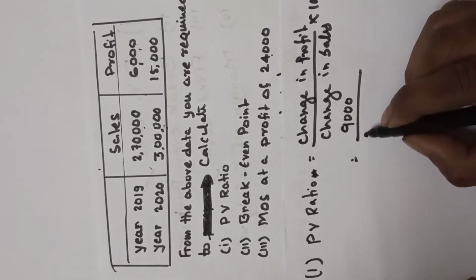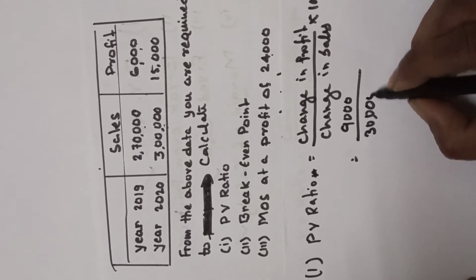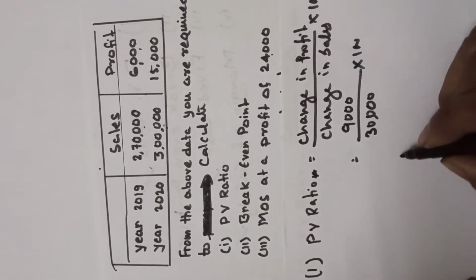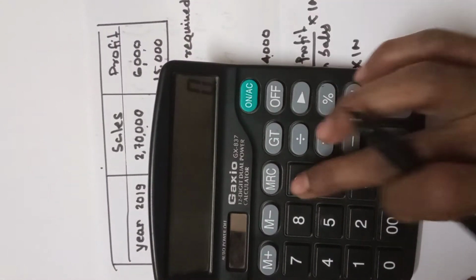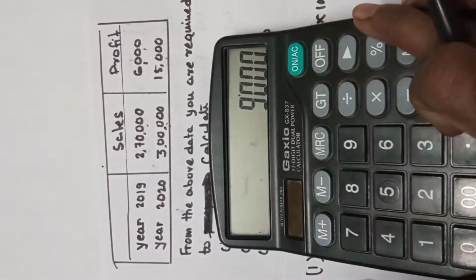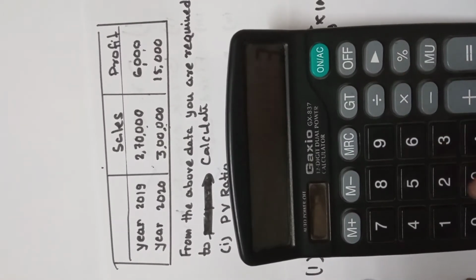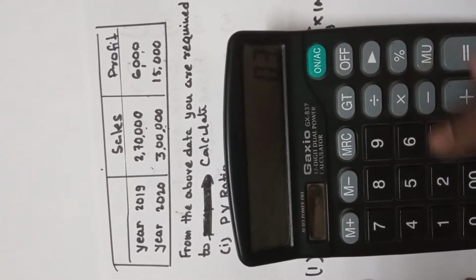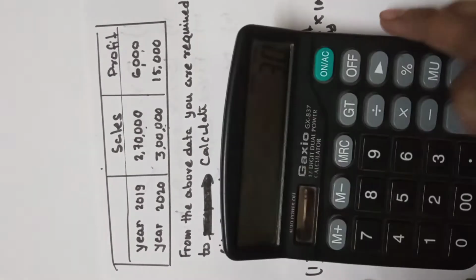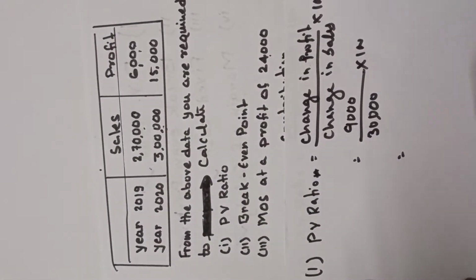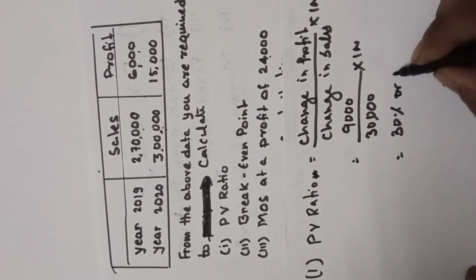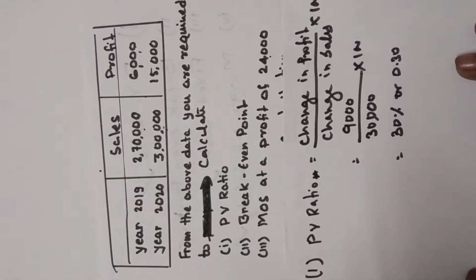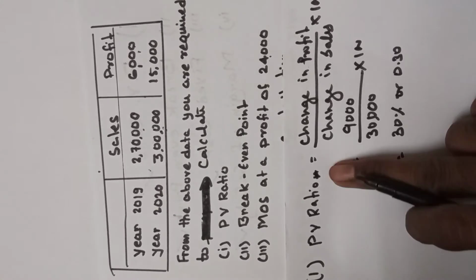So 9,000 divided by 30,000 into 100 is 30%, or we can write 0.30.